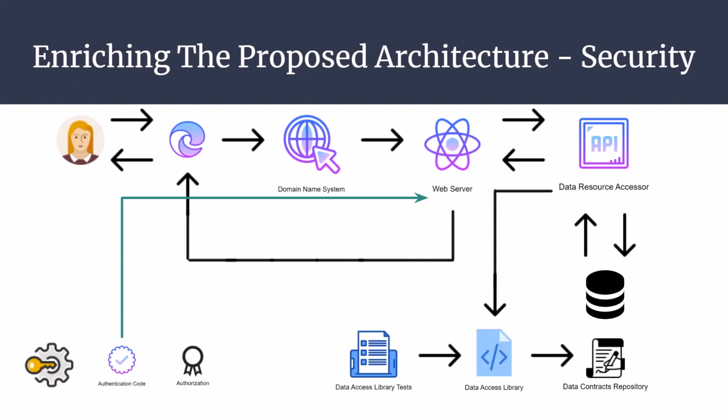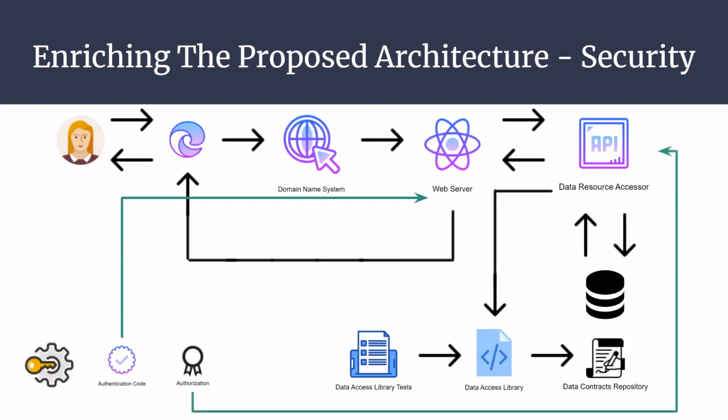Again, sooner is better. So let's add the authorization code to the data resource accessor. So we've authenticated and authorized the users which make requests to our API. That's great. Let's talk about another improvement which should be made to our proposed solution architecture.